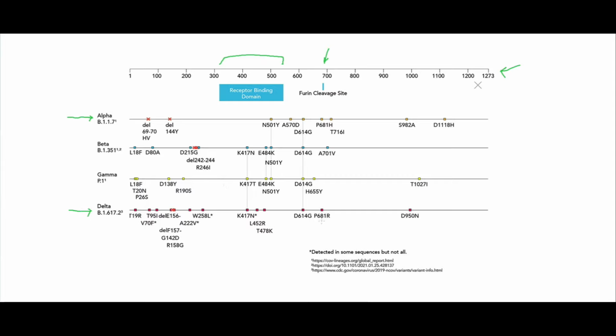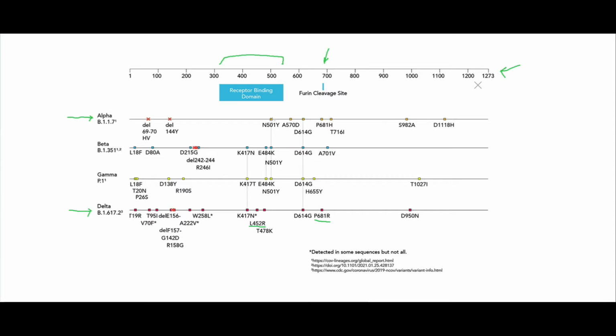The two mutations that seem to come up a lot in this Delta variant are P681R, this proline at the 681st position mutated into an arginine, and this leucine at the 452nd position mutated into an arginine. This one occurs in the receptor binding domain, and this one occurs near the furin cleavage site.